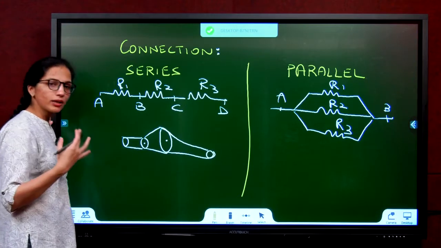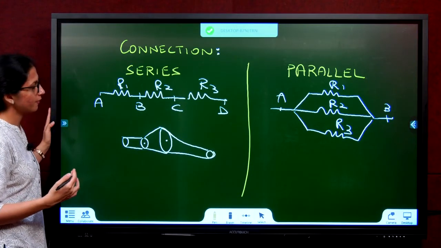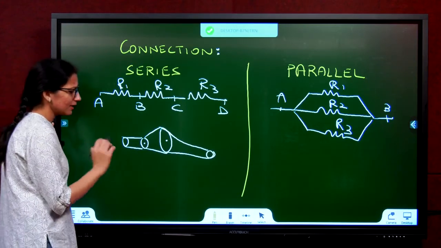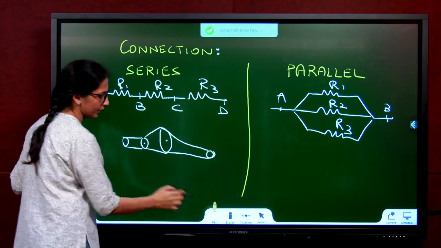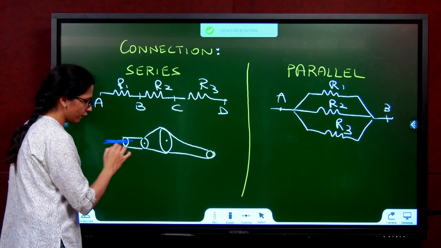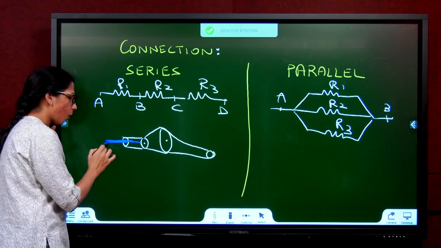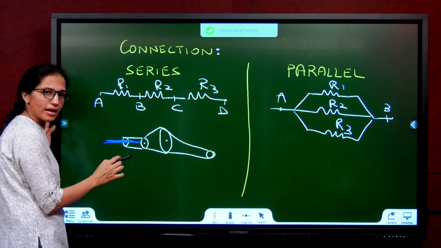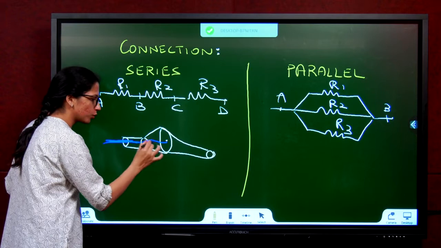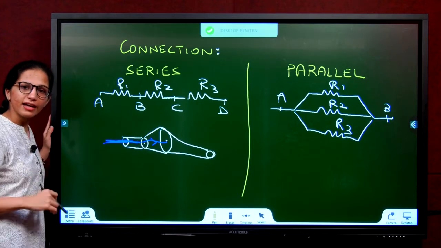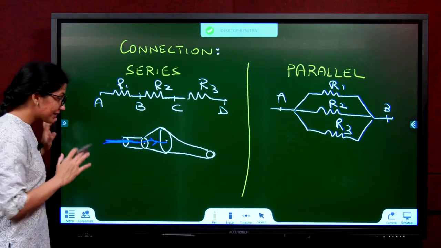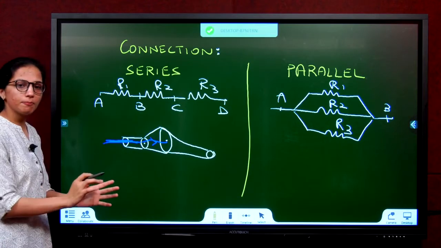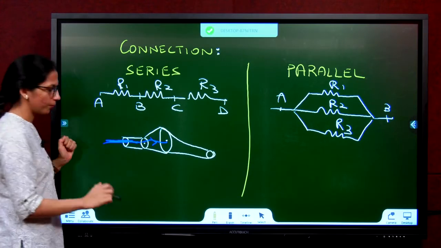Now let's understand what happens to the current in a series connection and parallel connection. Imagine that there is water flowing. If there is water flowing in this, all the water entering pipe 1 will enter pipe 2. Do you agree? Or some will get vanished or more will come? No. Same water, whatever is entering pipe 1 will enter pipe 2.